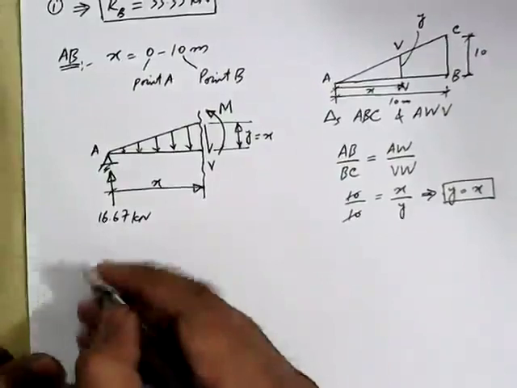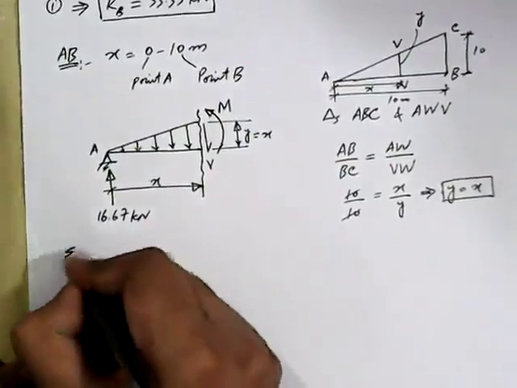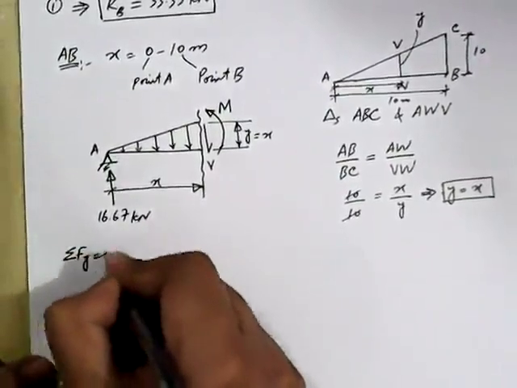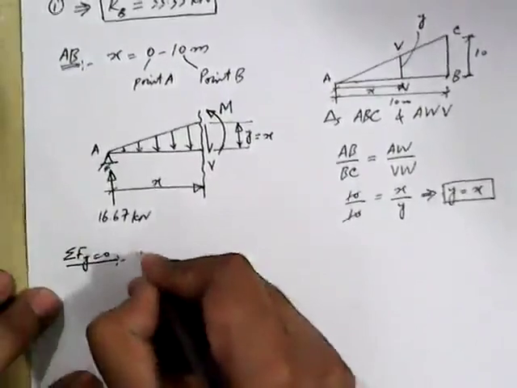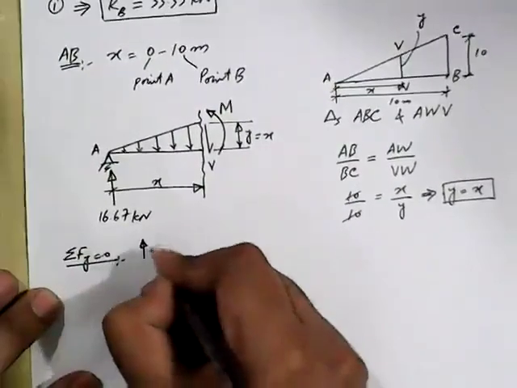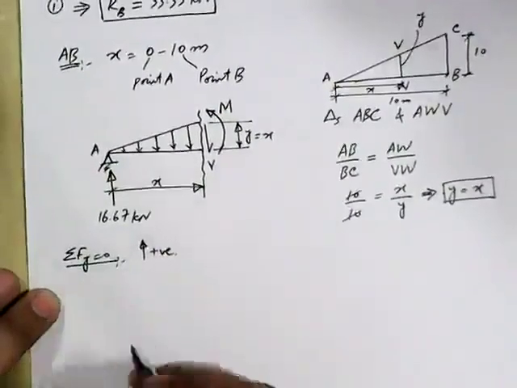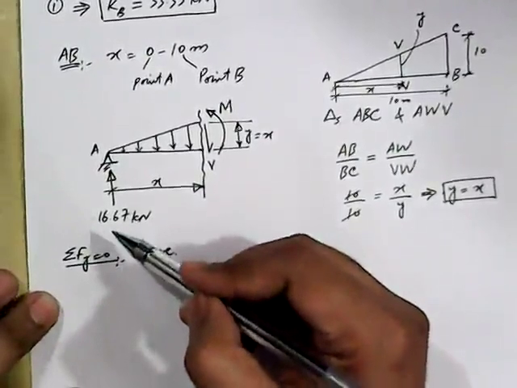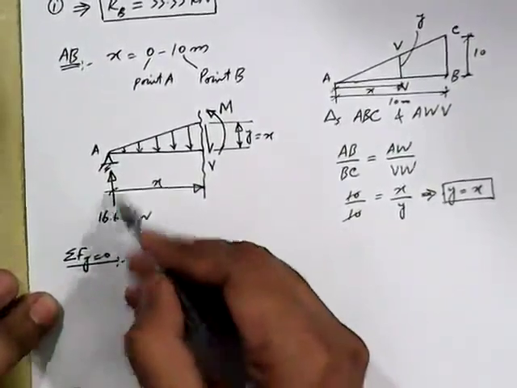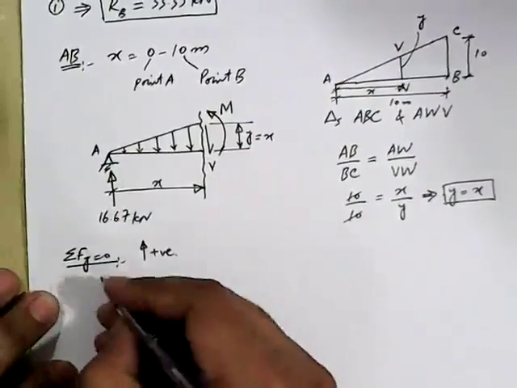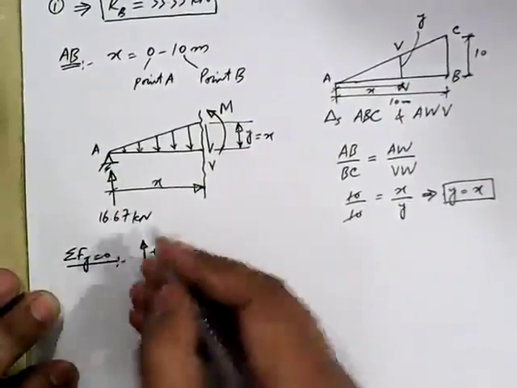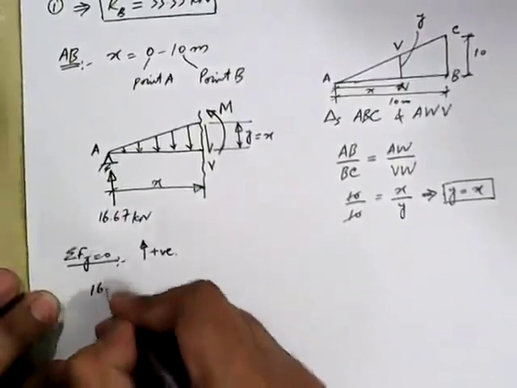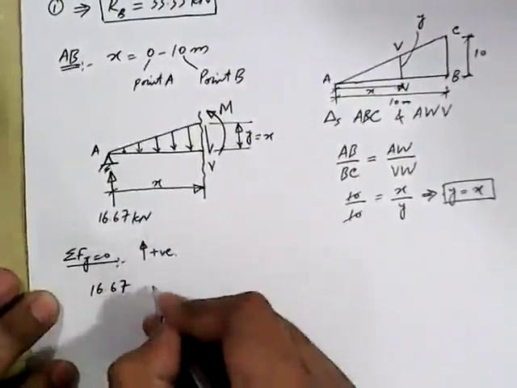Now let's move towards writing down the equations of shear force and bending moment. For shear force, we will write down the equation sigma Fy equal to 0, and our convention will be we'll take upward forces as positive. Now, how many forces are there parallel to y-axis? We have 16.67 kilonewtons. It's acting in the upward direction, so it will be positive 16.67.